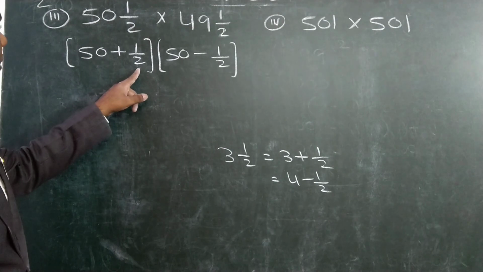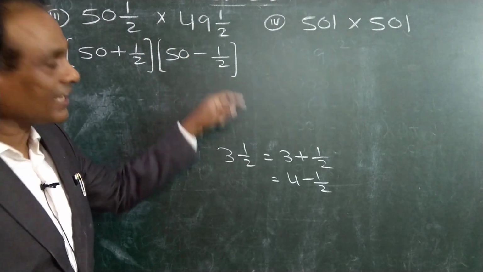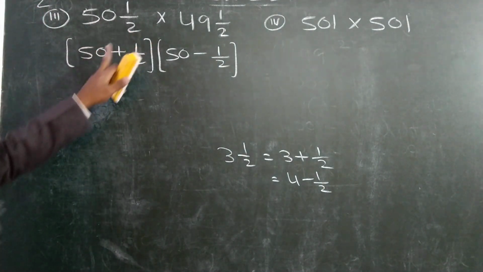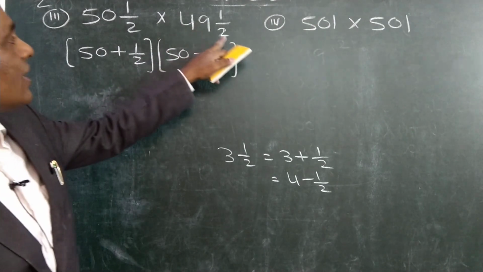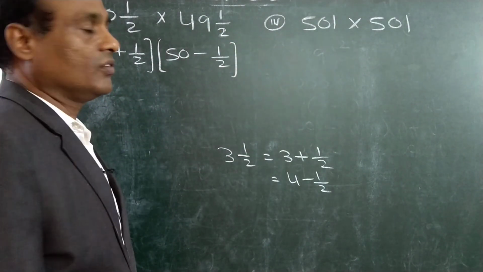So 50 and half is 50 plus half, 49 and half is 50 minus half.